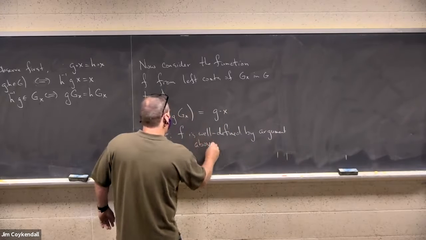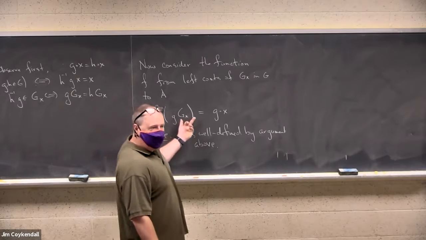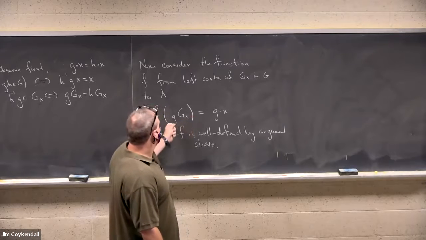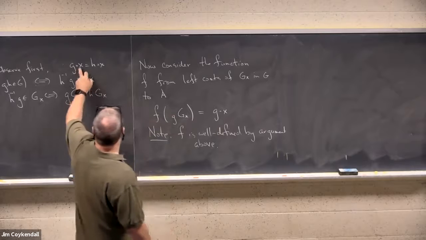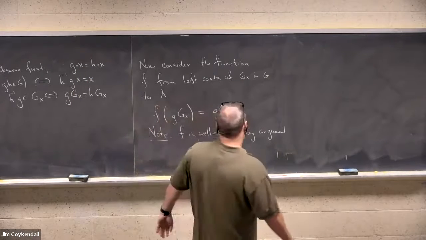These are all if and only ifs. And so if I have g G_x equal to h G_x, then I have g acting on x is h acting on x. So this is a well-defined function.